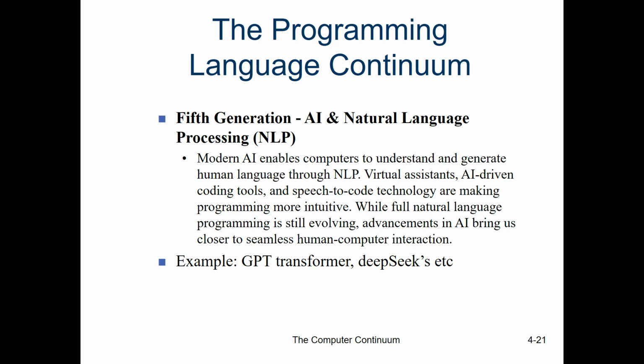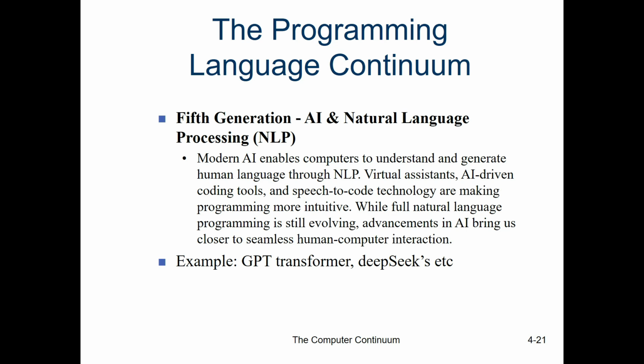Then we have fifth generation: AI and natural language processing, NLP. So it's modern AI-enabled computer programming languages which enable AI to understand and generate human language through NLP. It basically helps humans create programs using natural languages.